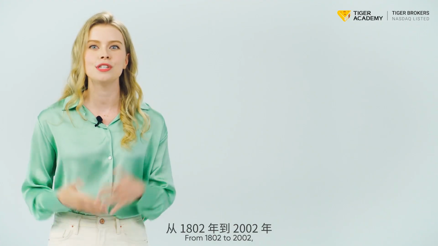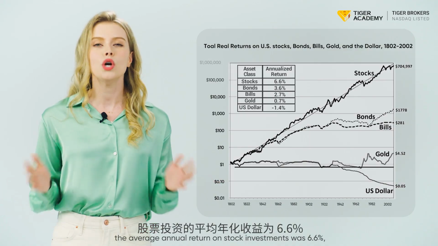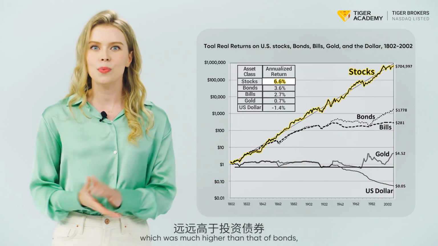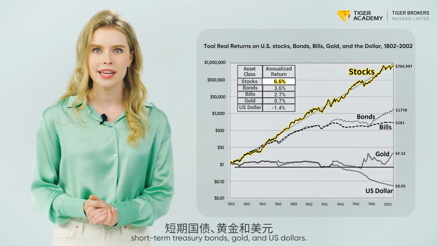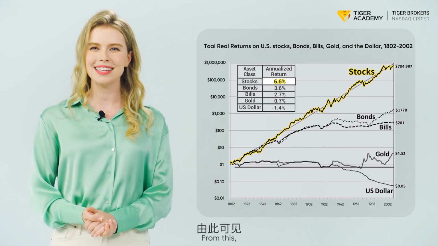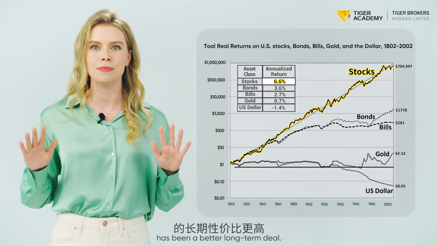From 1802 to 2002, the average annual return on stock investments was 6.6%, which was much higher than the bonds, short-term treasury bonds, gold, and US dollars. From this, we can see that investing in stocks has been a better long-term deal.